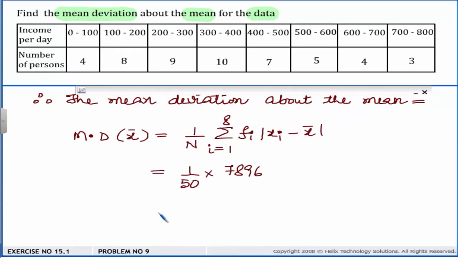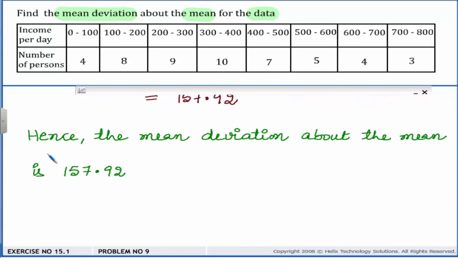So on simplifying, you will be getting 157.92. Hence, the mean deviation about the mean is 157.92. So this completes the solution.